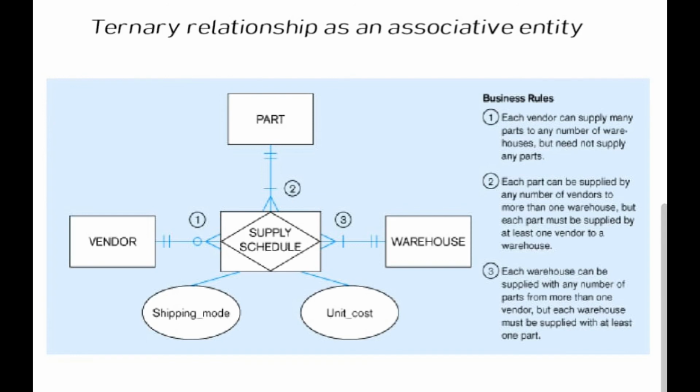Each part can be supplied by any number of vendors to more than one warehouse, but each part must be supplied by at least one vendor to a warehouse. Each warehouse can be supplied with any number of parts from more than one vendor, but each warehouse must be supplied with at least one part.